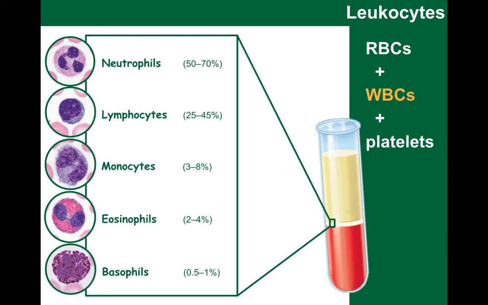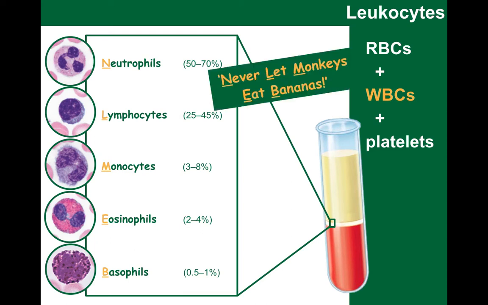And I have a trick for you that may help. Look at the first letter of each of these when placed in the order of how common they are. When I look at this, I see a mnemonic. Never let monkeys eat bananas. So that might help you a bit.